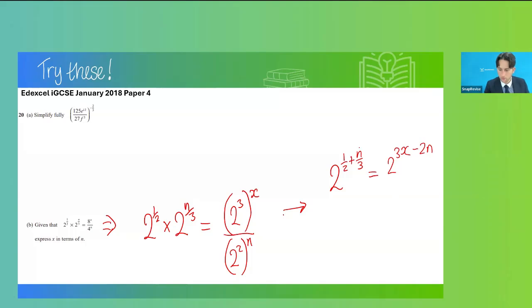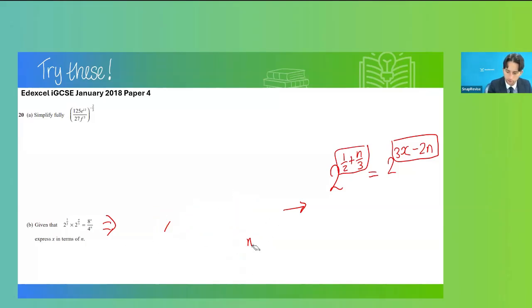And now we can just compare this and this. Now, this was a weird question because it's not actually solving for an answer. It says express x in terms of n. So you just make x the subject, ultimately, of that one. And I'm a little bit mindful of the time, so I'm not going to spend too long. But if you want me to go back over this one carefully, I'm happy to.